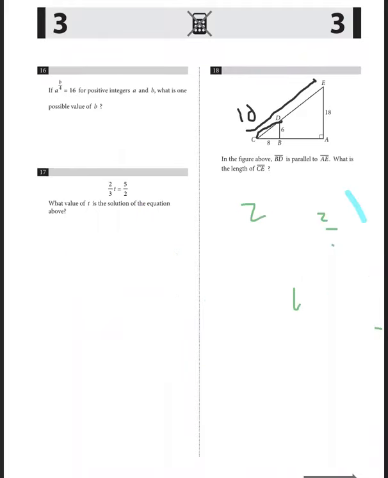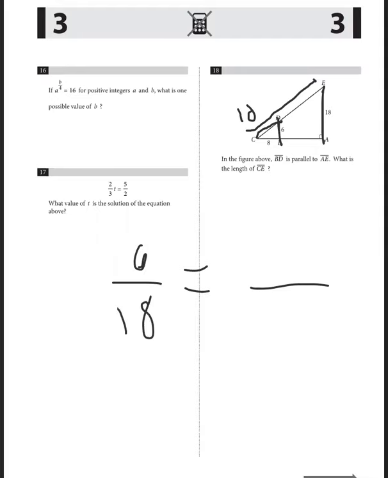When you're using triangle similarity, as I've been saying many times, you need to use proportions. How do you use a proportion? Well, you compare two sides you do know, 6 and 18 match up, with two sides that you don't know, which would be 10, and the one that we're missing is this one.